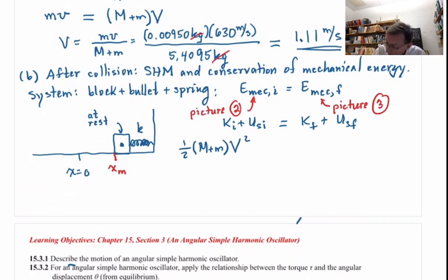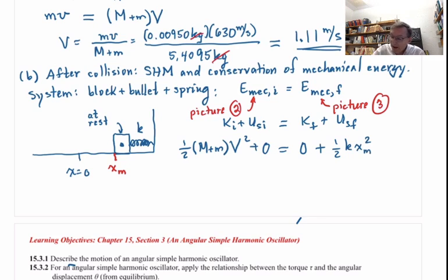Picture 2, plus 0. There is no compression of the spring, so no potential energy. Equals K final. Now look at picture 3. Well, it's momentarily at rest, so K final is 0, but I have a compressed spring. So I need to remember the formula for spring potential energy: 1/2 little k, and the compression here is x max, so x max squared.